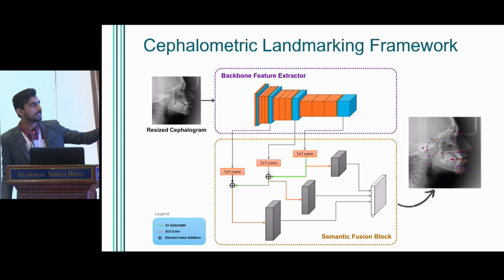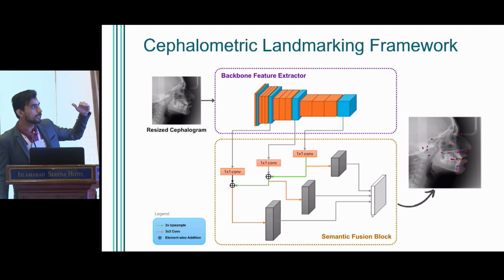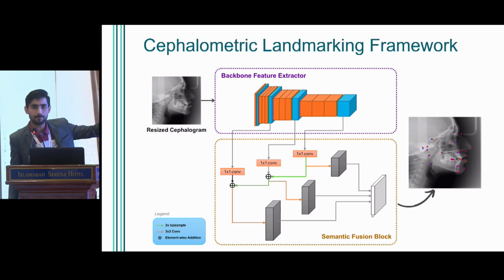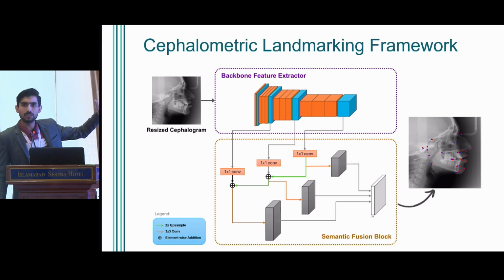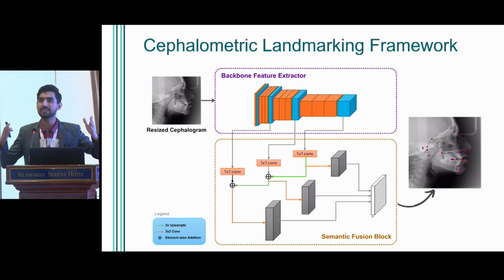In the backbone feature extractor, we extract local geometrical features and global cephalometric features as well. From the initial layers of the architecture, you have local cephalometric and geometrical features, but as you go through the backbone, the features become more generalized and generic.